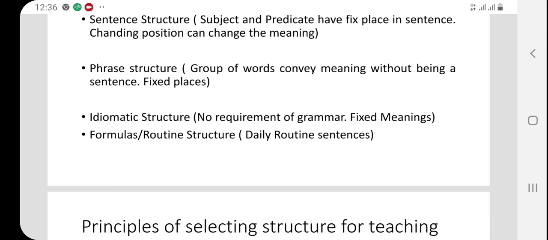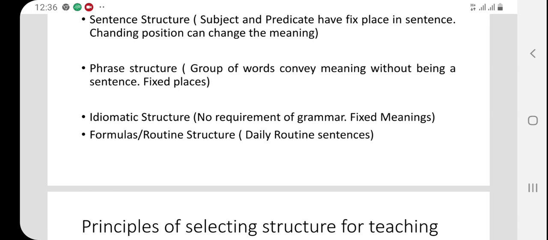There are many hundreds of idiomatic phrases. Idiomatic phrases convey a proper meaning, but they are not sentences. In the same way as in phrases, we cannot change the places of the words in an idiom.